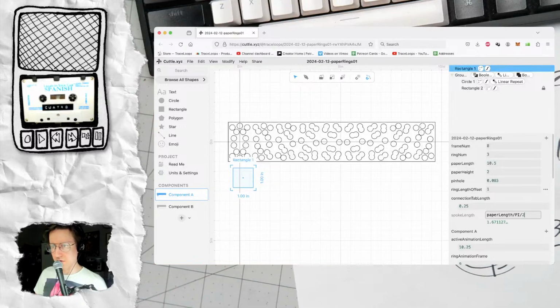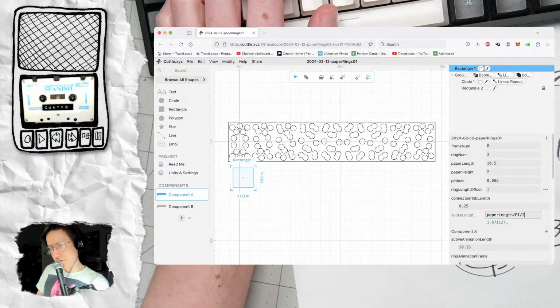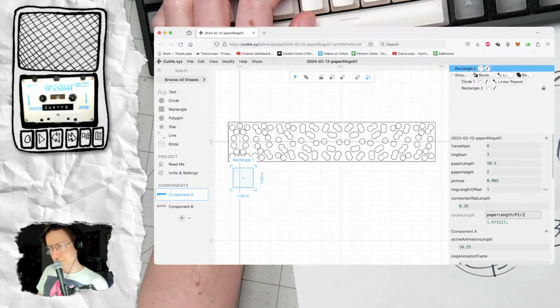And then I'll just add the little tabs to the new dude. Plural. And then tape the other ones down, I guess.